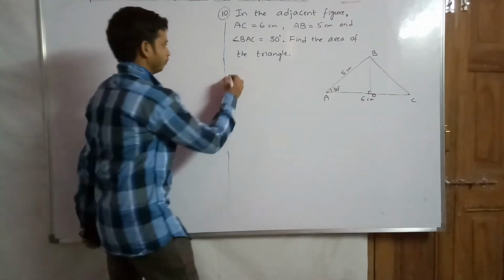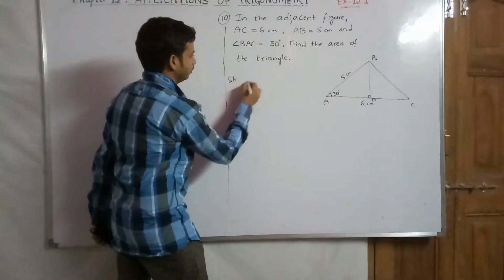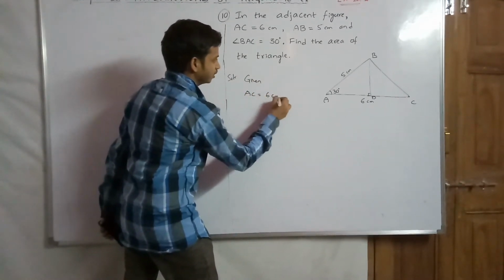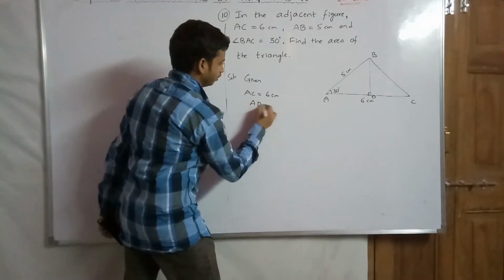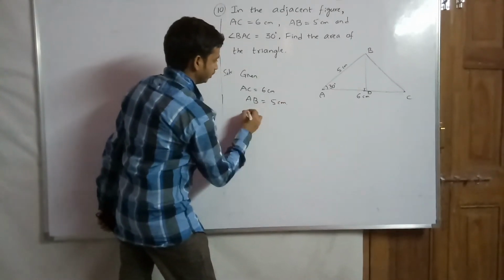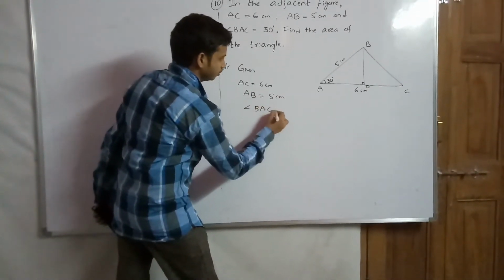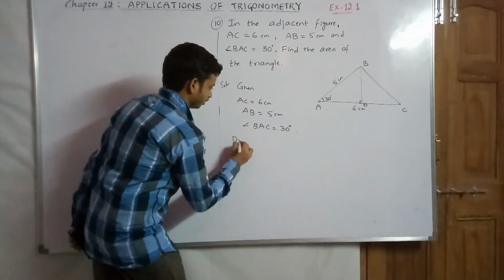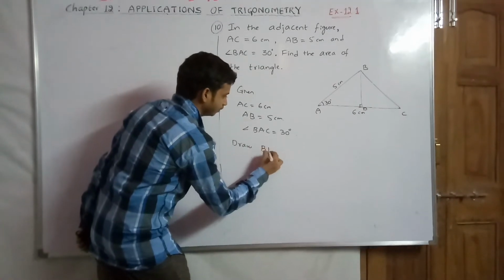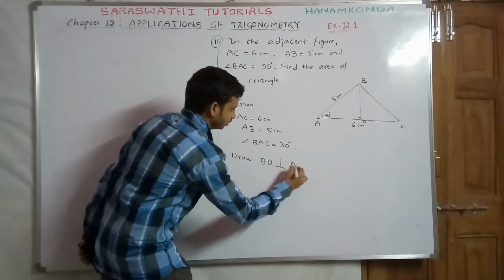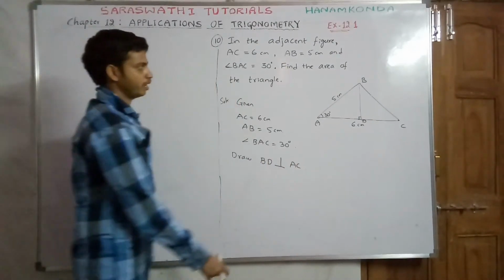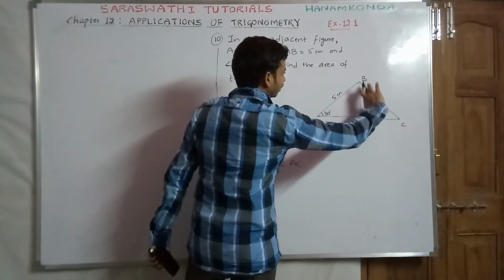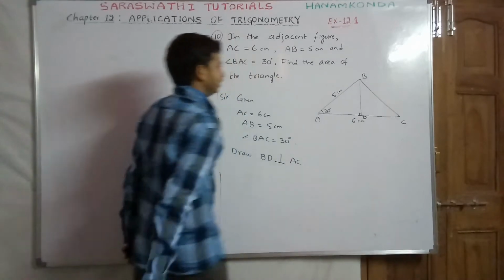First, write the given data: AC equals 6 centimeters, AB equals 5 centimeters, and angle BAC equals 30 degrees. Now draw BD perpendicular to AC. This BD becomes the height of triangle ABC.